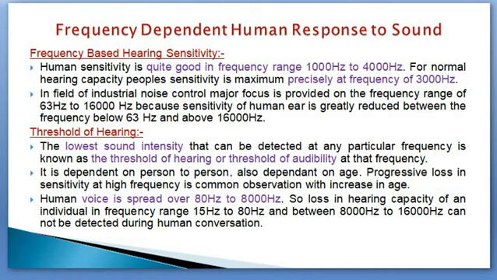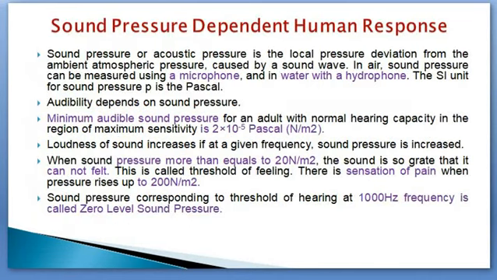Below 80 and above 8000 we are not generating sound, and that's why people were unable to notice hearing problems in those frequency ranges during conversation. So this is the effect of frequency on the human response.